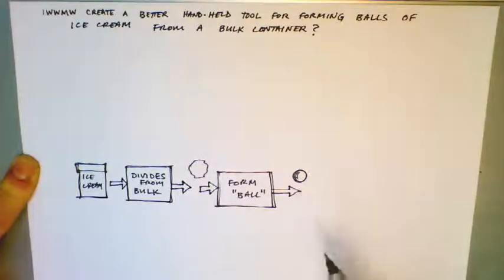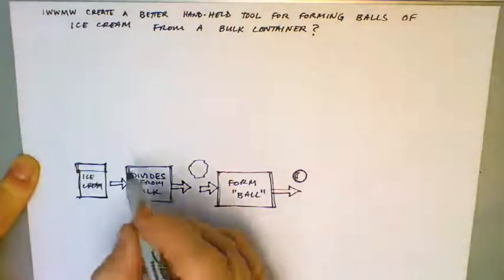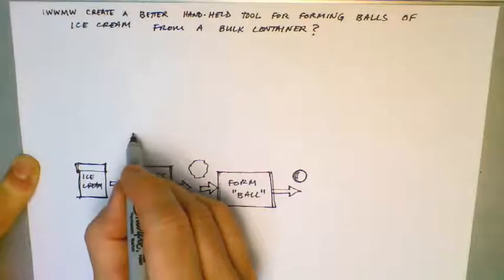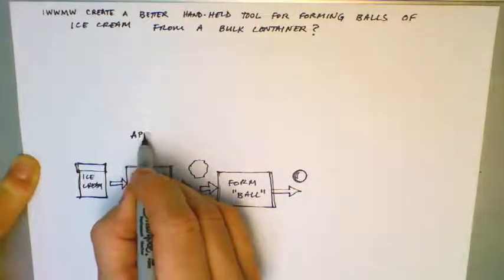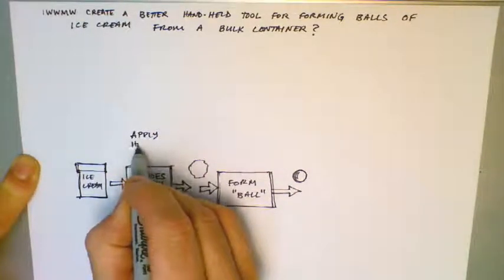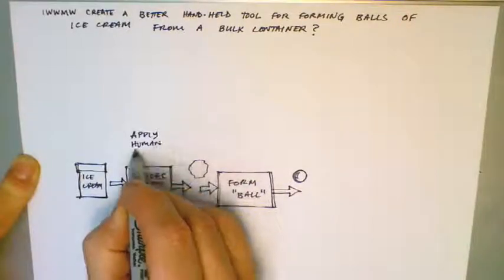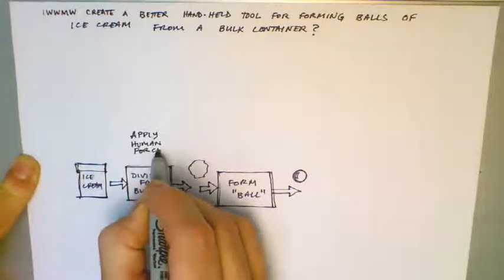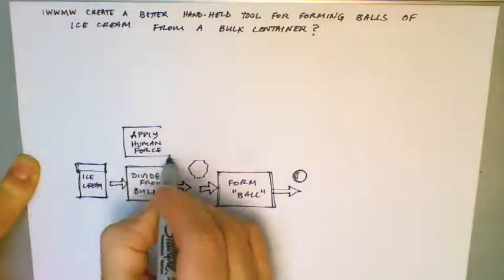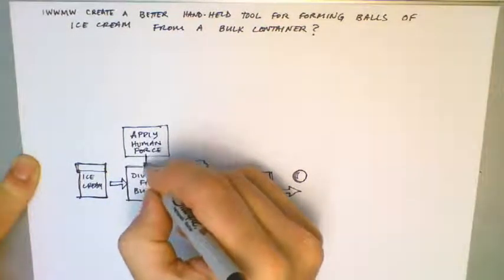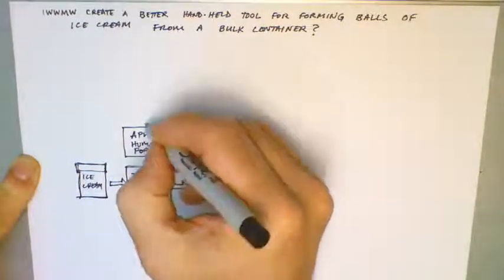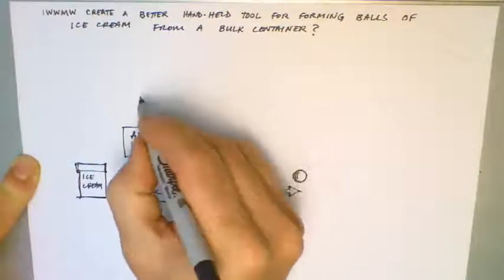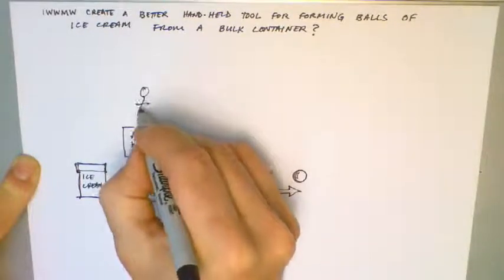Now there's also a flow of energy, and the main energy flow in an ice cream scoop is applying human power or human force. You can think about that as a flow of energy from our user.